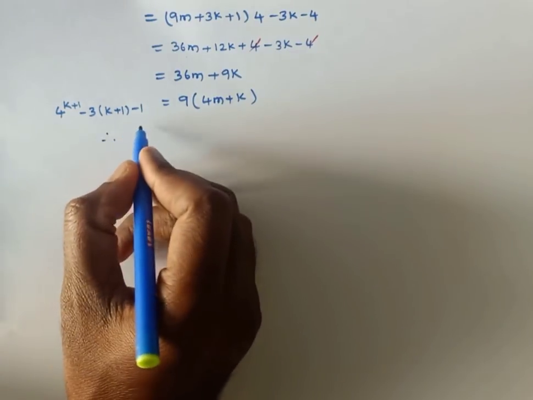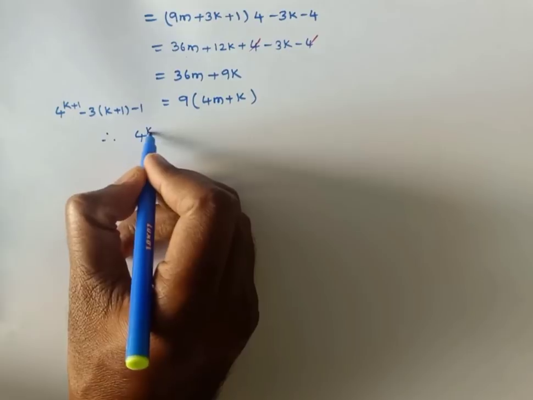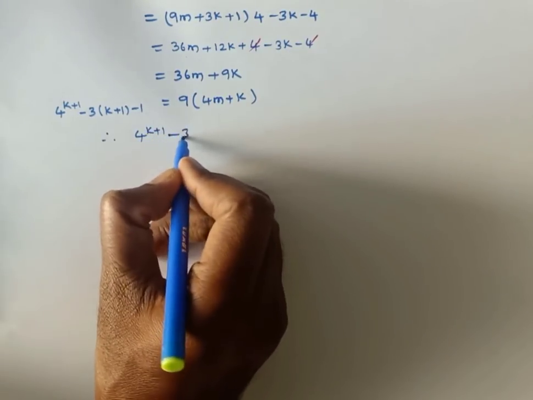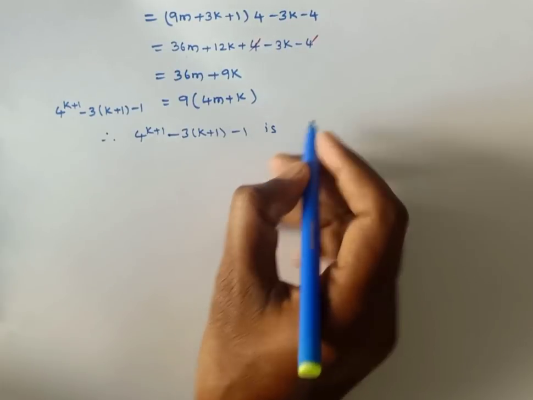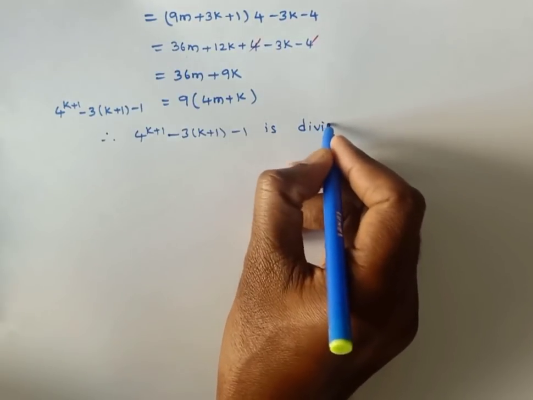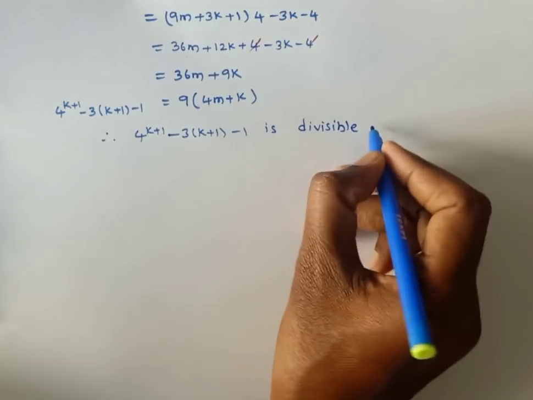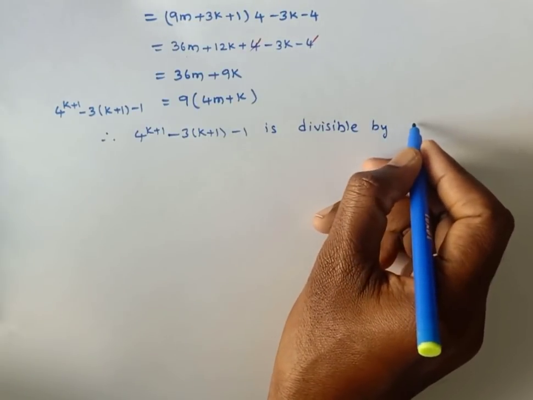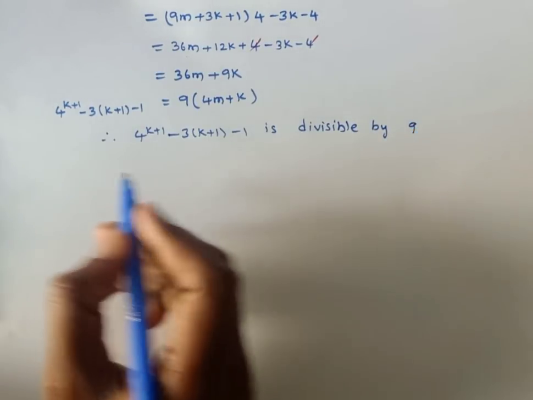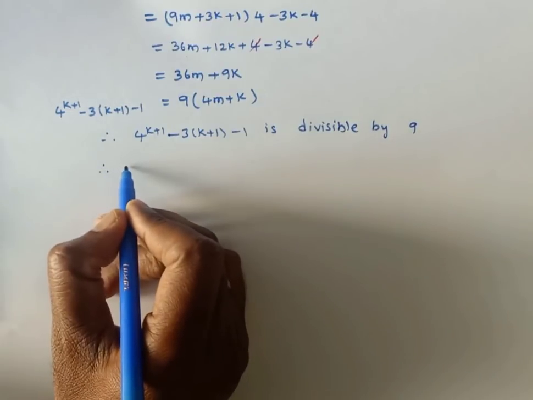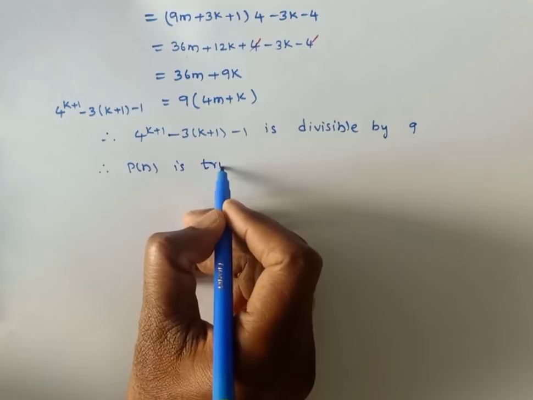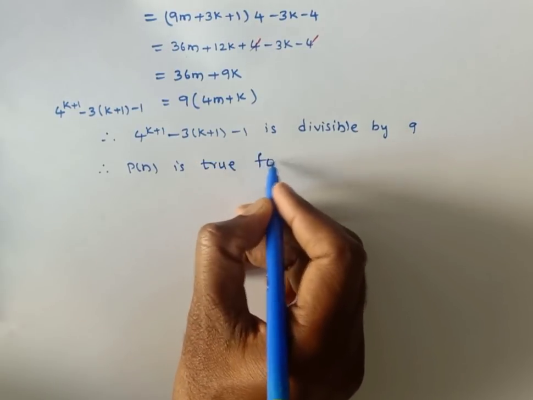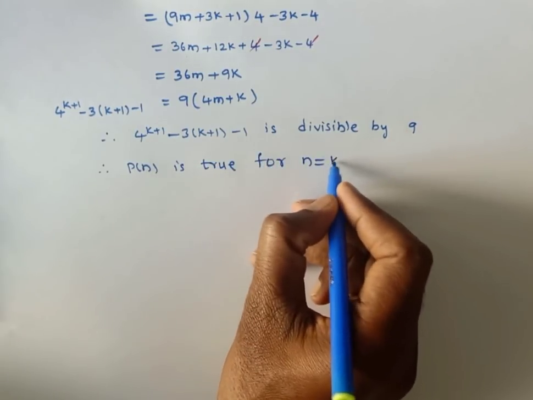Therefore 4 to the power of k plus 1 minus 3 times of k plus 1 minus 1 is divisible by 9. Therefore our statement P of n is true for n equals to k plus 1.